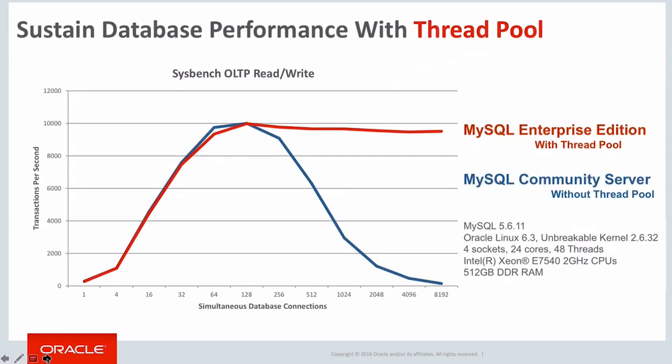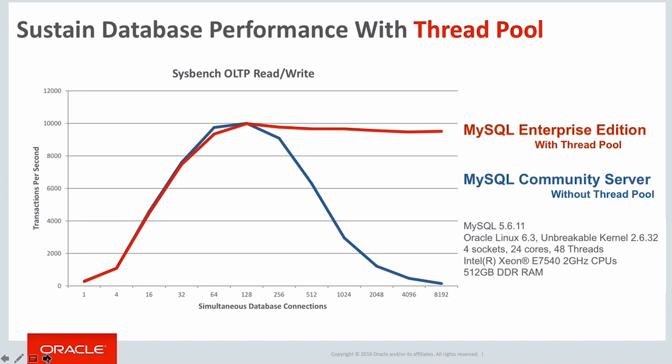Using MySQL thread pooling prevents any negative performance impacts from the denial of service attack. What we're showing here is a standard MySQL Community Edition in the blue line, and Enterprise Edition with the thread pooling plugin is shown in the red line. So what happens is standard MySQL allocates a new thread for every connection, and the thread is an OS thread.